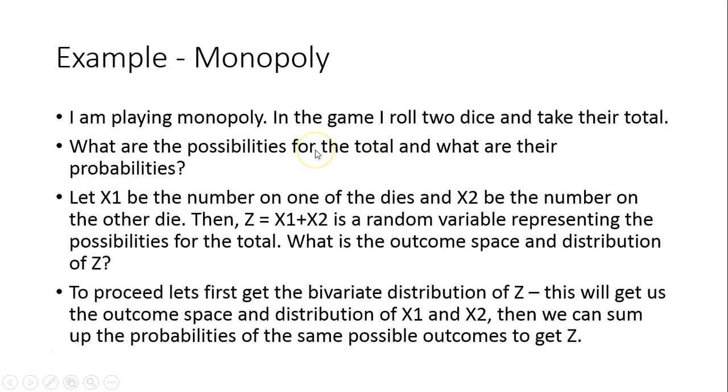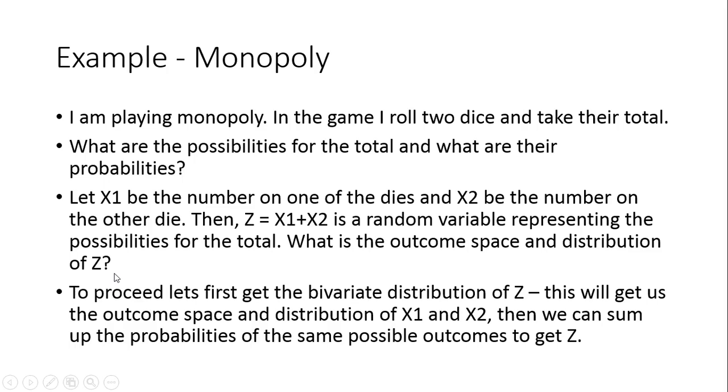What are the possibilities for the total and what are their probabilities? Let x1 be the number on one of the dice and x2 be the number on the other die. Then z equals x1 plus x2 is a random variable representing the possibilities of the total. What is the outcome space and distribution of z?